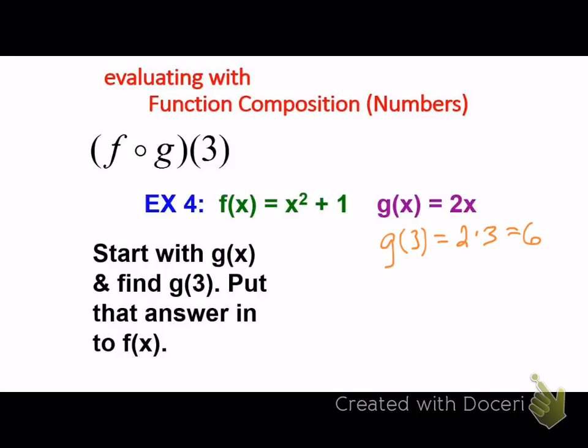That output of 6 becomes the input for my f of x, kind of like the acres and the cost that we did. So now if I do f of 6, that becomes 6 squared plus 1, which would be 37.